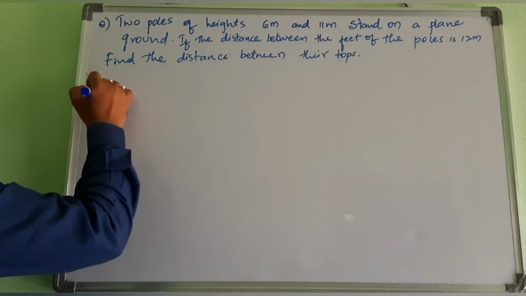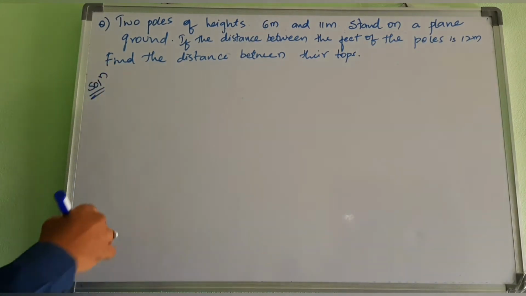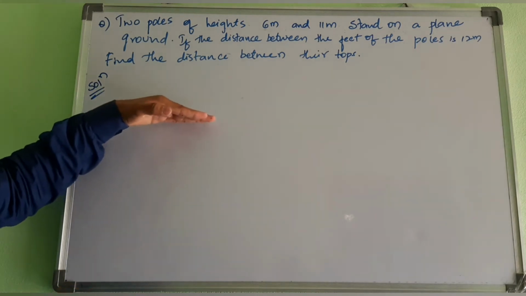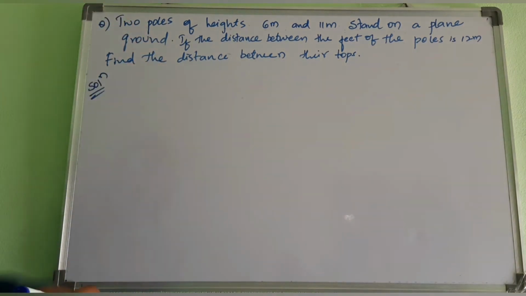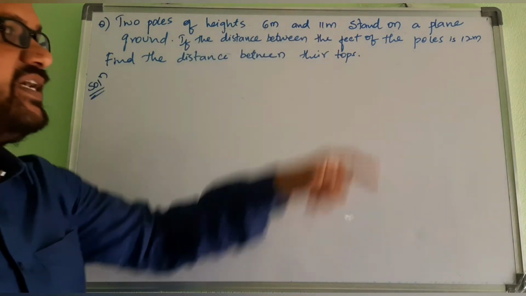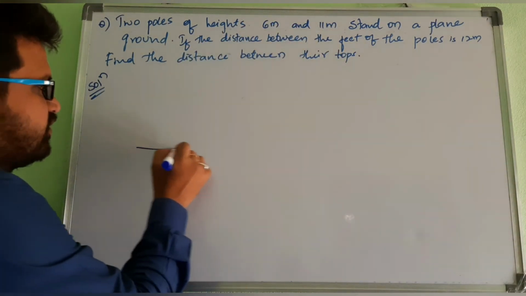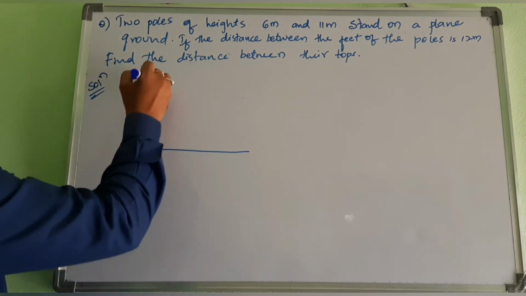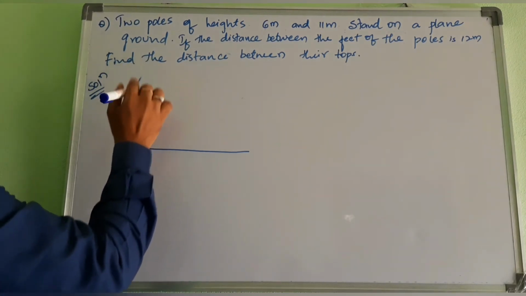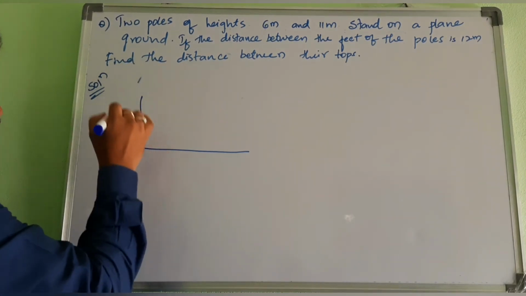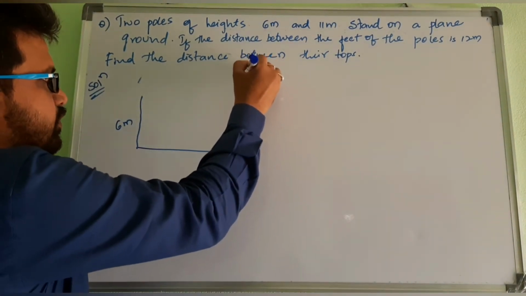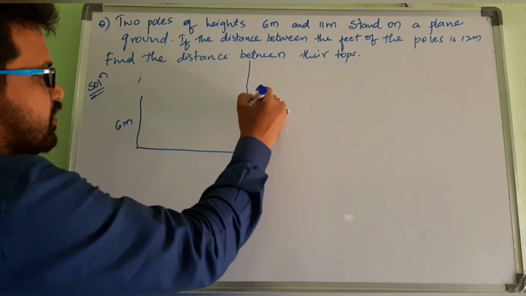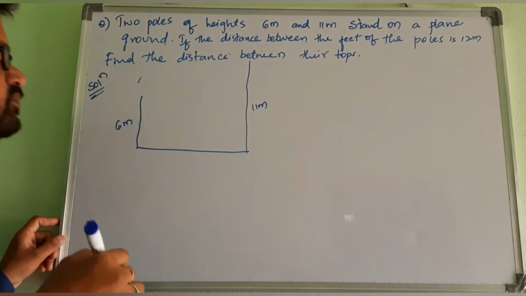Okay, so here it is given that there is a plain ground, and on the ground there are two poles of different heights. Let us draw the diagram first. Ground. Let us take this as the 6 meters height pole and this as the 11 meters height pole.